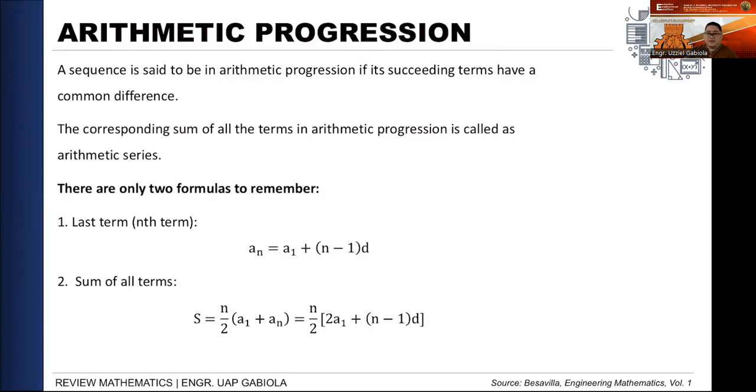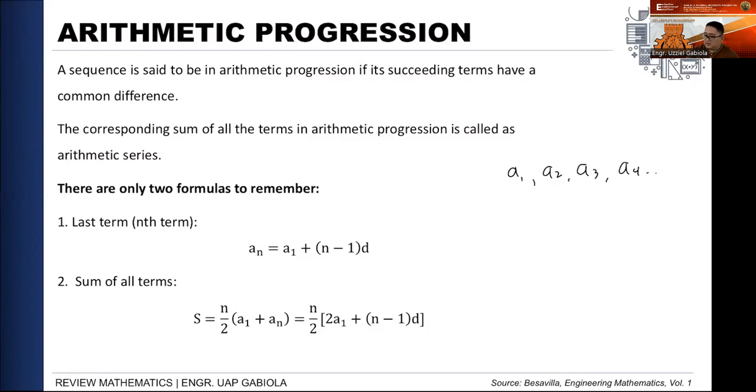Okay? So a sequence is said to be in arithmetic progression if its succeeding terms have a common difference. So the corresponding sum of all terms in arithmetic progression is called as arithmetic series. So yung pang-check pag in arithmetic progression siya, kapag pinag-minus mo yung second and first term, kailangan pareho siya ng difference. So ibig sabihin, meron kang mga terms A1, A2, A3, A4, and so on.